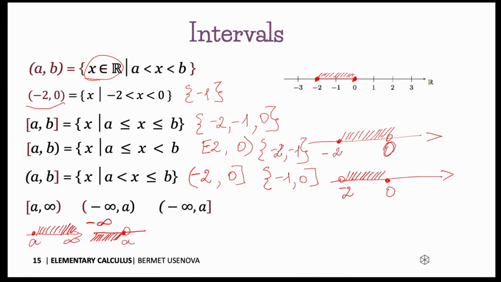Okay. And here, everything including a. Hence, the set of all real numbers could also be written as an interval from minus infinity to plus infinity. Infinity will always have an open interval.